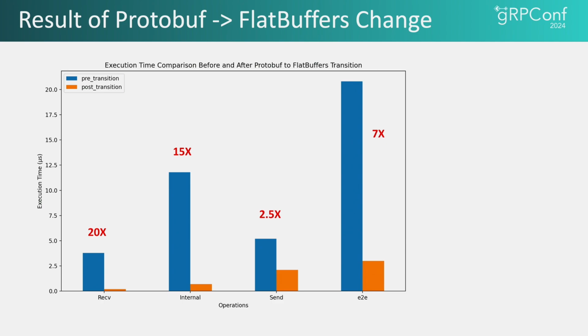This includes receiving requests, processing requests, and sending back responses. So breaking down further, we saw 20 times improvement for receiving requests, 15 times for internal processing of the messages, and 2.5 times for sending back responses. Those results clearly demonstrated the efficiency gains achieved by moving to FlatBuffers.